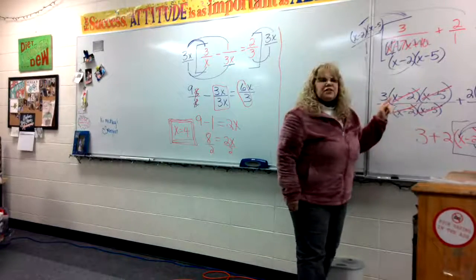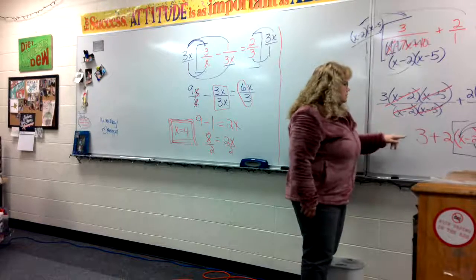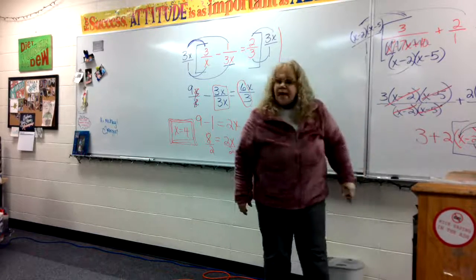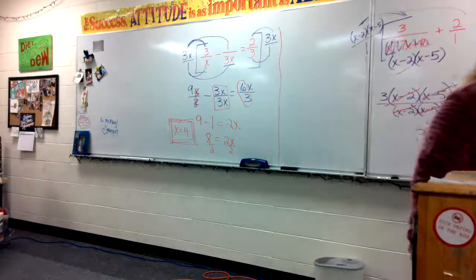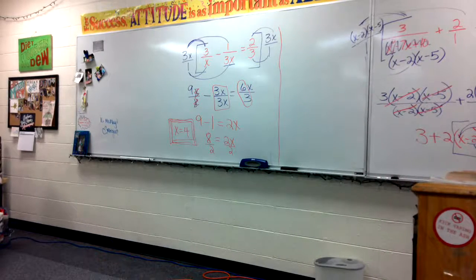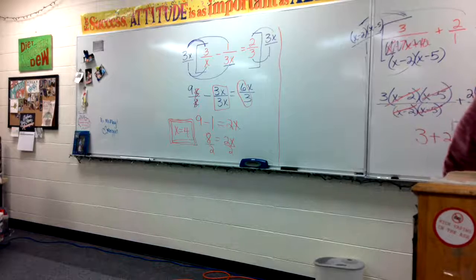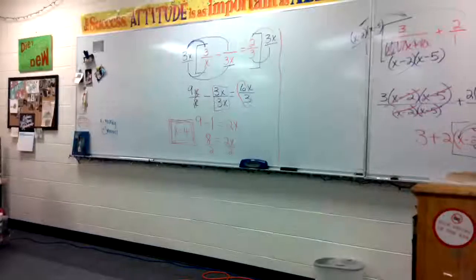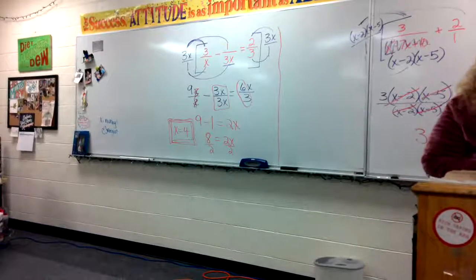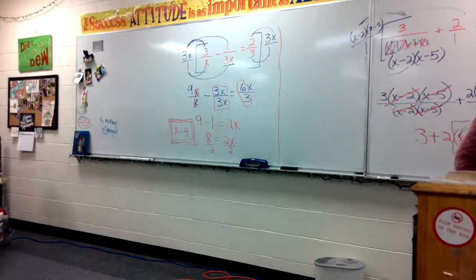And you get weird-looking things, but then cancel, and it won't be so bad. Does that make sense? Do you have questions? Are there any questions? Does anyone have a question?